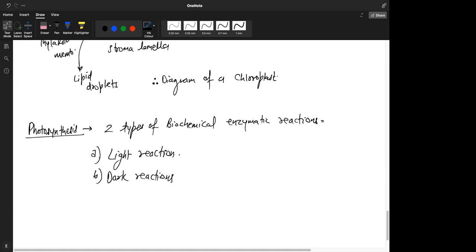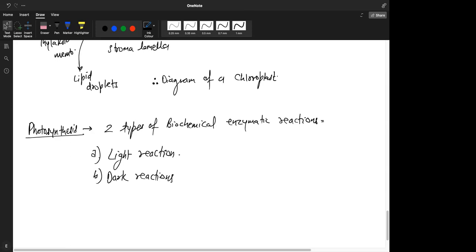So when light reaction happens during the day, it's not like the dark reactions are not happening during the daytime. They are also happening. But in the night time, the light reactions cannot happen fresh because there is no light available. So there cannot be a photochemical reaction.